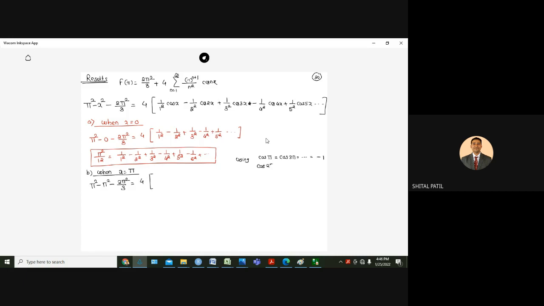Whereas cos of 2 pi, 4 pi, 6 pi, they are equal to plus 1. Use these results. So cos of pi is minus 1, and so on. So the minus minus sign will cancel. Is it like this?